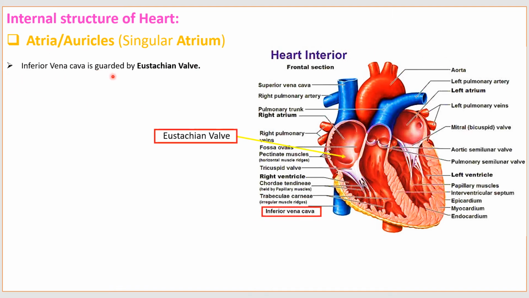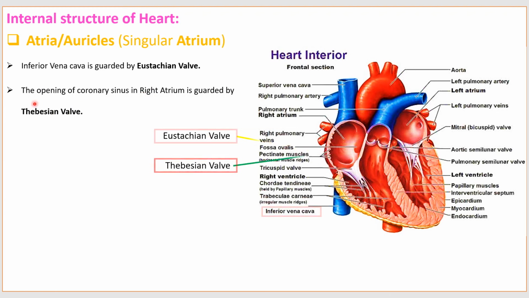The inferior vena cava is guarded by the Eustachian valve. Look here, this is the inferior vena cava, and somewhere here it is guarded by this valve called the Eustachian valve. The opening of the coronary sinus in the right atrium is also guarded by a valve called the Thebesian valve.